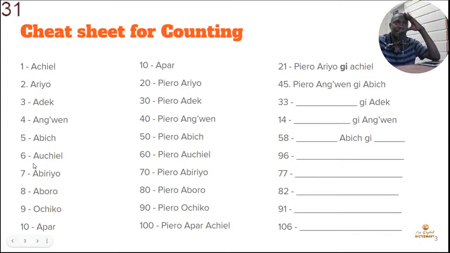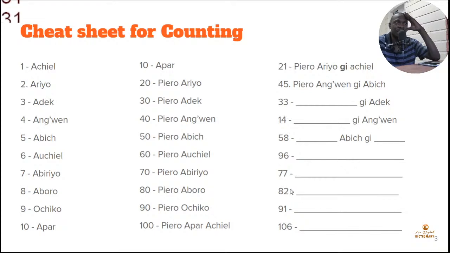That's 96. So 77. How does 77 go? So 77 will be 70 and 7. So 70 is piero abirio. So piero abirio gi abirio. Okay. And then 82.